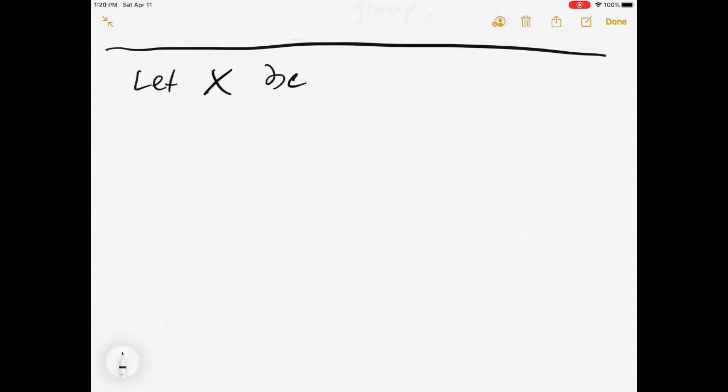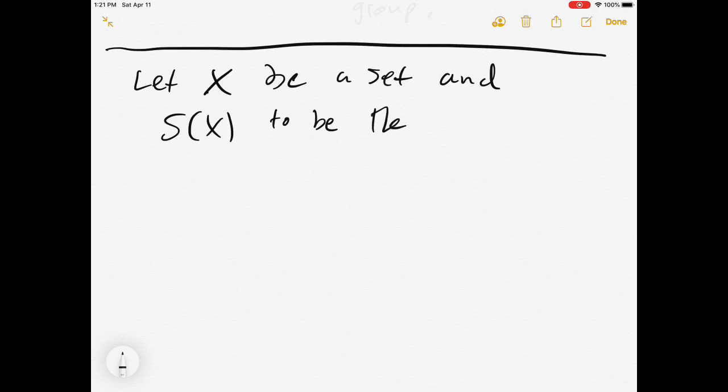Let X be a set. We denote S of X to be the set of all bijections from X to itself.